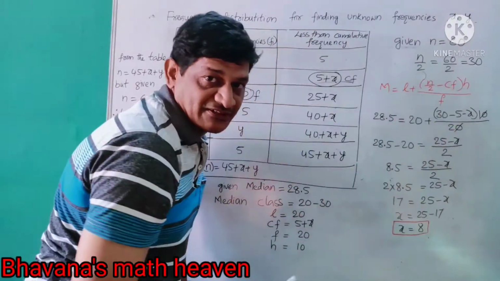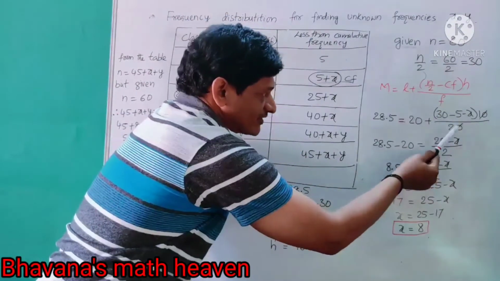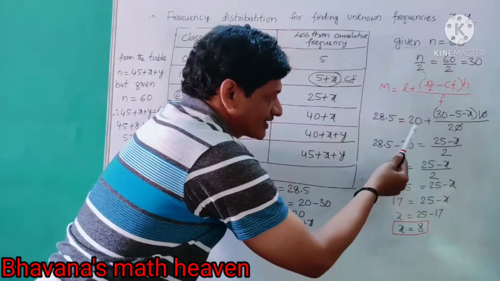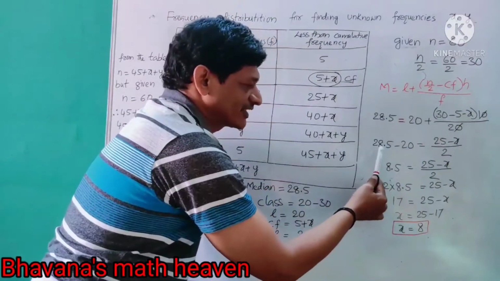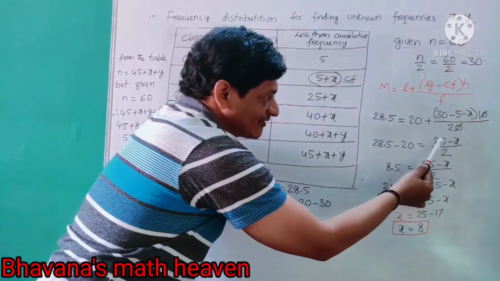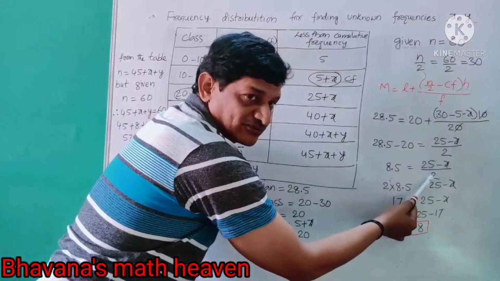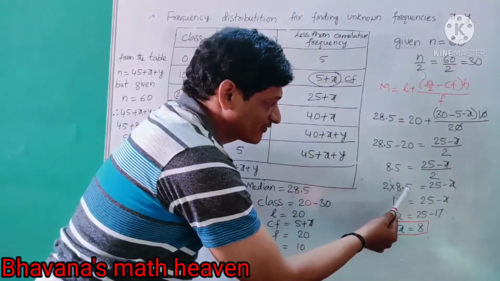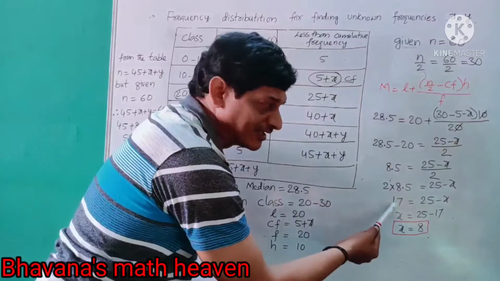Class size is 10 and frequency is 20. Here 0 gets cancelled. Next transpose plus 20 to this side, 28.5 minus 20, that is 8.5, equal to (25 minus x) by 2. Next transpose the 2 to this side, it becomes into 2. 8.5 into 2, it becomes 17.